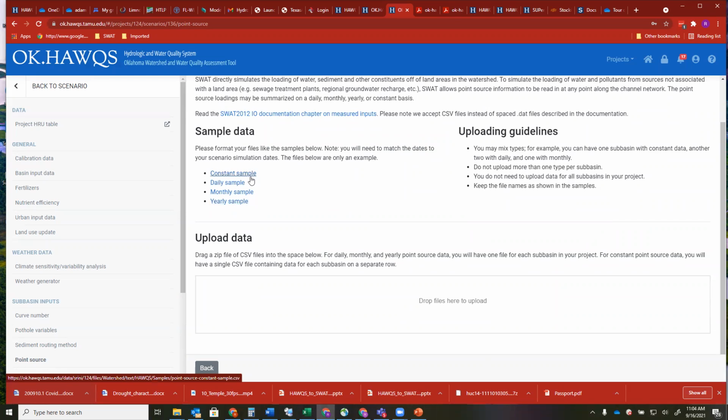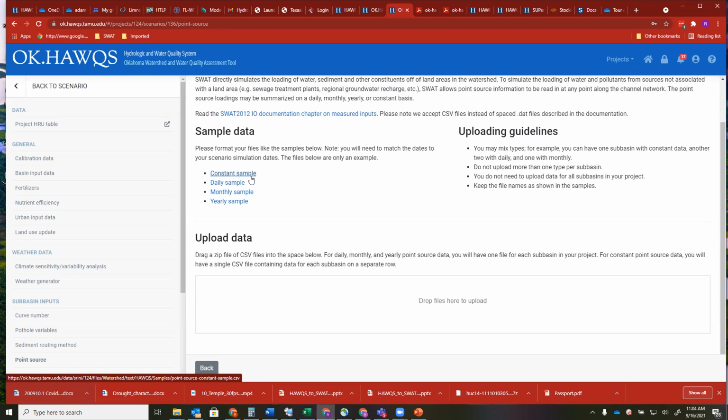In one subbasin, you may have a constant, meaning every day, how much is the point source load. Or if you know the daily values of how much the point source is putting out, from the wastewater treatment plant or industry pollution or whatever the source may be, or it could be monthly or annual. So depending on your availability of the data, you can choose that.